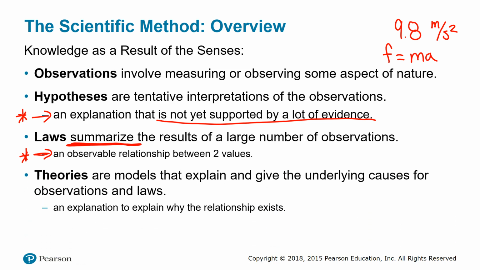And then a theory. A theory is a model that explains and gives underlying causes for observations and laws. So a theory tries to explain why the relationship exists.